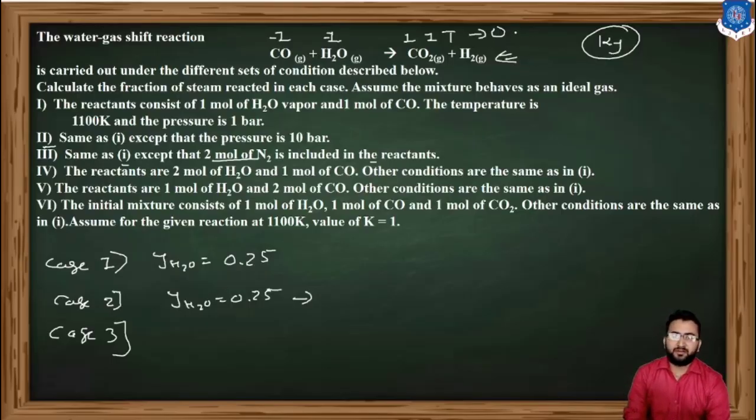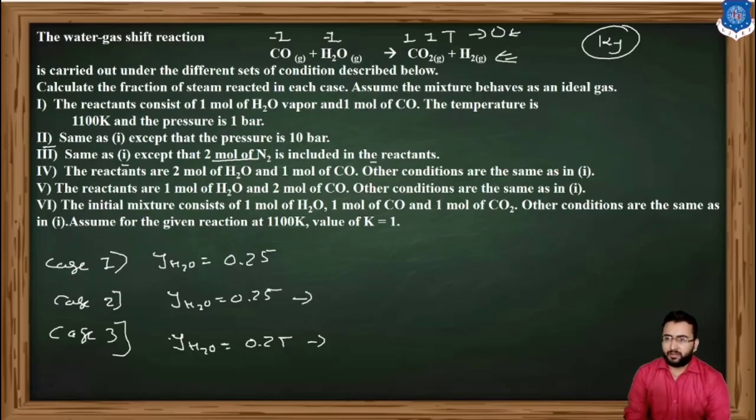If the stoichiometric number is 0, there will be no effect of inert material. Here N2 is provided as an inert material, so y of H2O becomes 0.25 for this case.